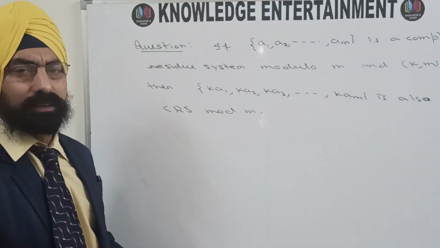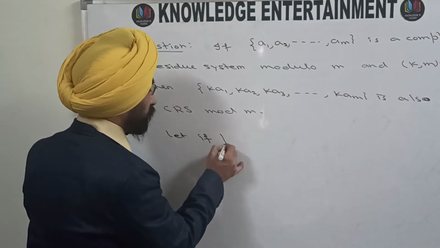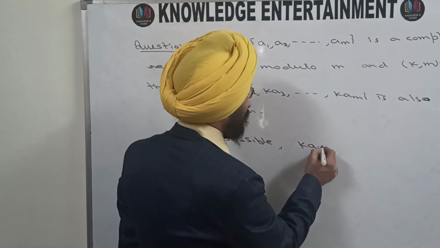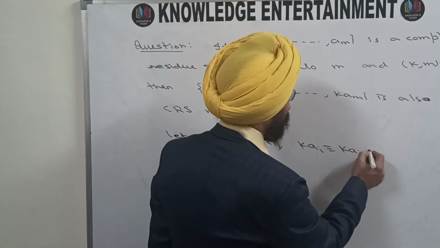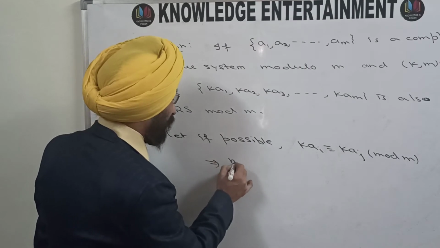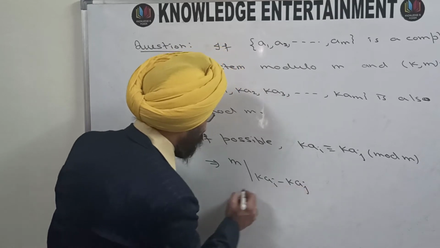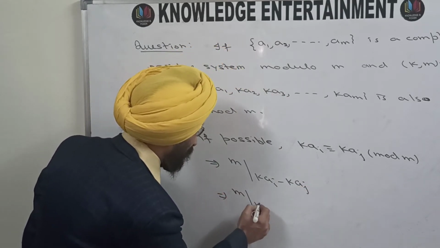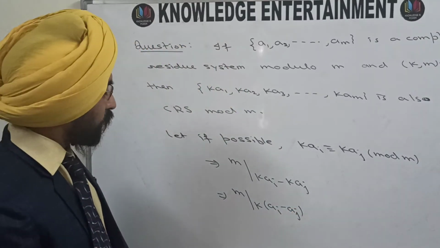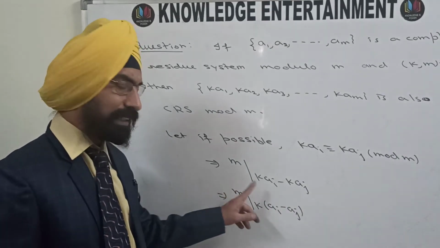Suppose, if possible, two members are congruent. Let, if possible, some kai be congruent to kaj modulo m. This means m divides kai minus kaj. This means m divides k times ai minus aj. Now you know that if a divides bc and GCD of a and b is 1, then a divides c.